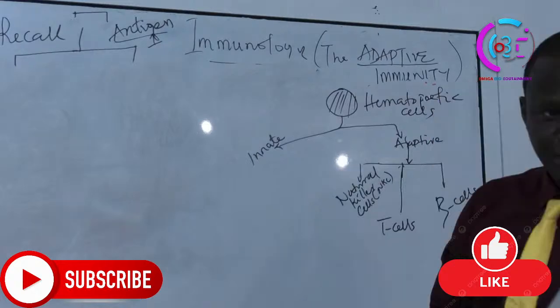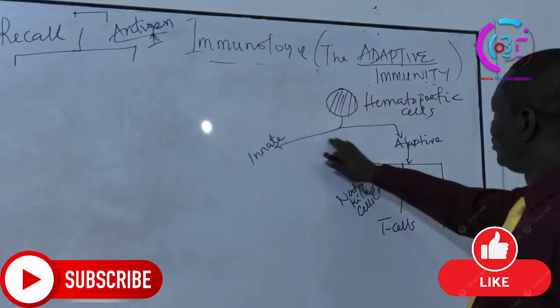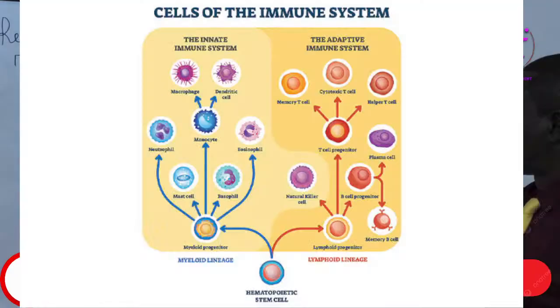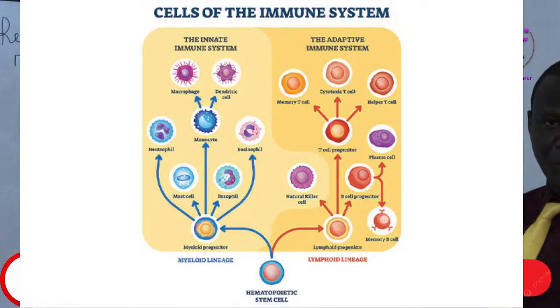Okay, I told you that both innate and adaptive have just one root. They develop from the hematopoietic cells of the bone marrow. Two of them are formed from the bone marrow. But when they differentiate, they can be differentiated into the innate arm as well as the adaptive.